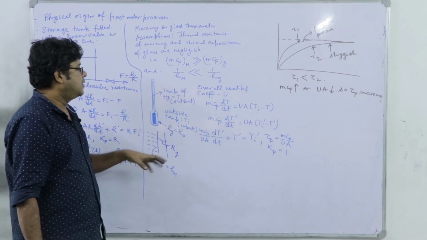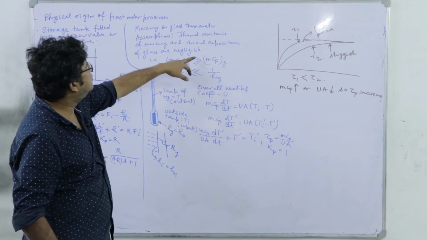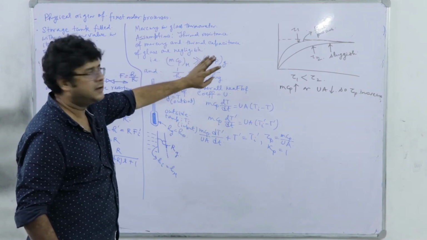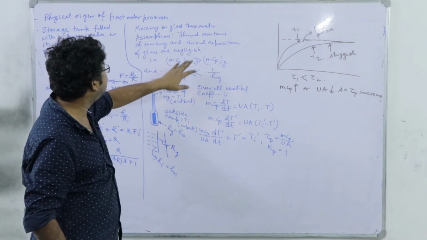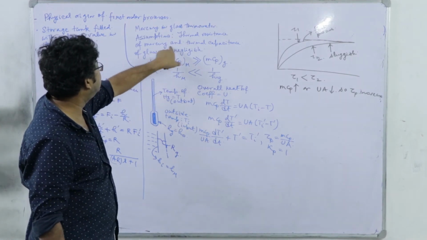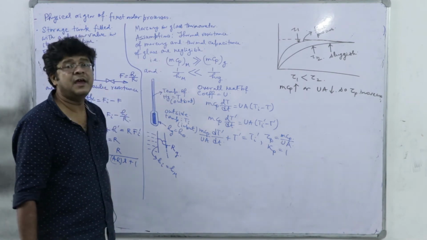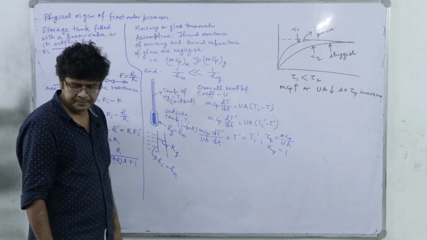So a mercury in glass thermometer with negligible thermal capacitance of glass and negligible thermal resistance of mercury behaves like a first order system.